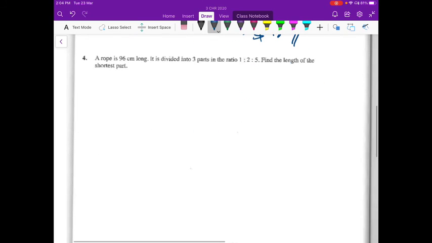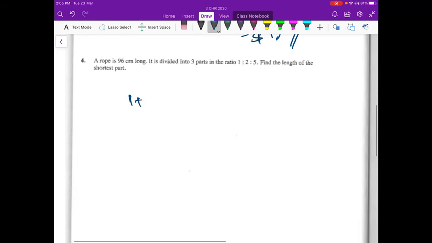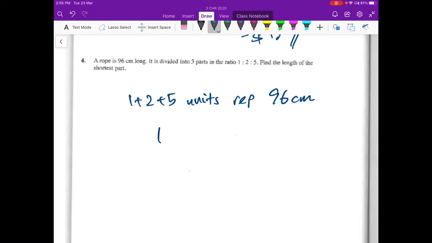Next. A rope 96 cm, 3 parts, 1, 2, 5. 1 plus 2 plus 5 units represent 96 cm. I want the shortest part, so 1 unit. Represent 96 over, this will be 8 times 1.